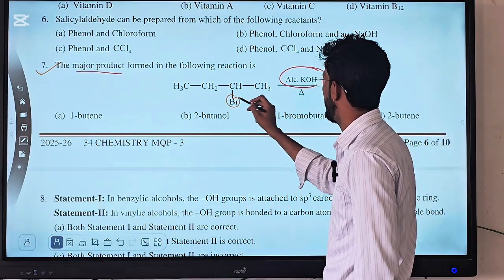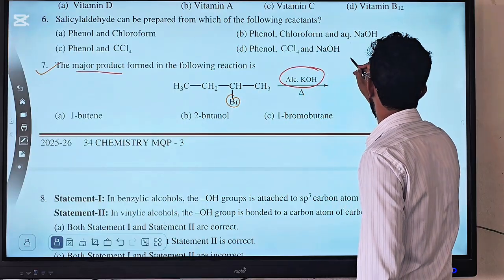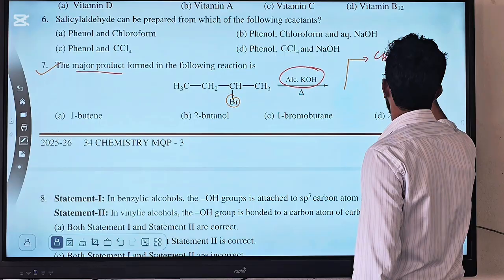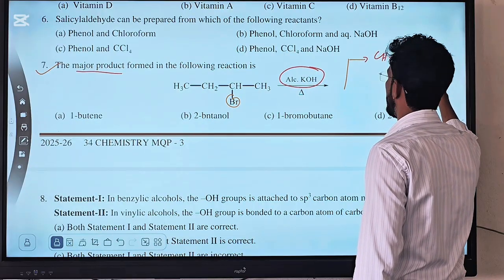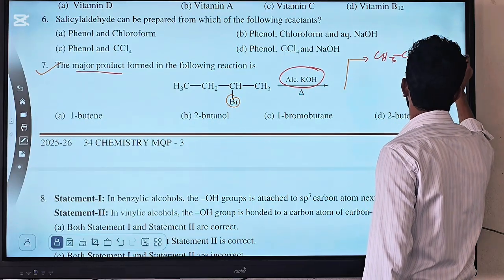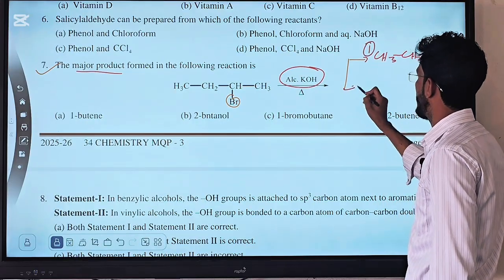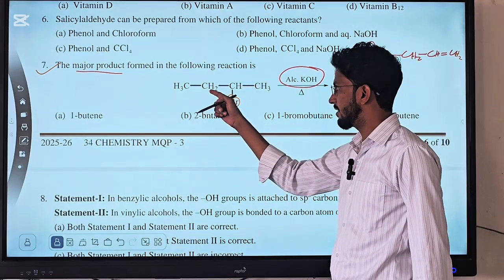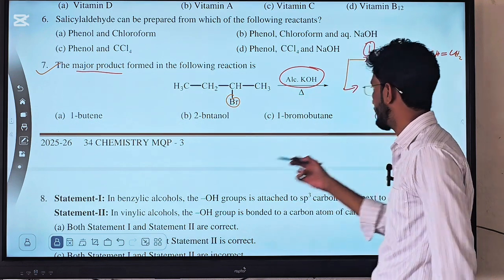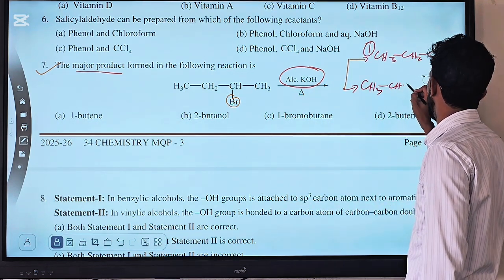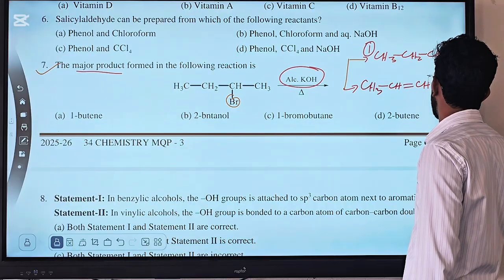If bromine eliminates with this hydrogen, we get CH3, CH2, CH double bond CH2. The other product, if bromine eliminates with this hydrogen, is CH3, CH double bond CH, CH3.